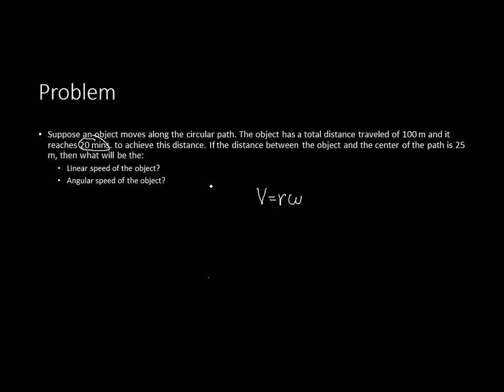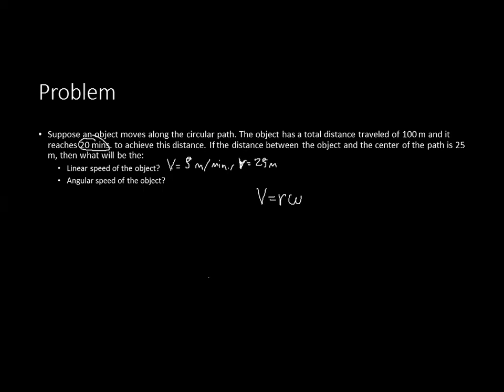Okay. First is that we found already the linear speed of the object, because our answer before was 5 meters per minute. Okay. Then the radius is what? 25 meters. So we have two given variables, speed and radius.